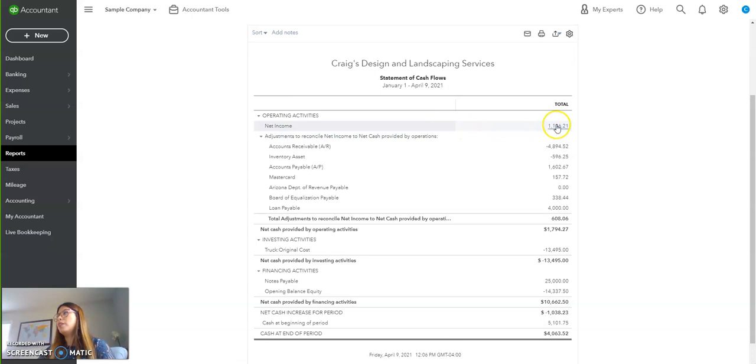So you show your net income here, like I said, but then there are adjustments made to that net income so that it shows the cash at the end of the period. One of the adjustments to the cash flow statement is the loan payable, the $4,000 notes payable.